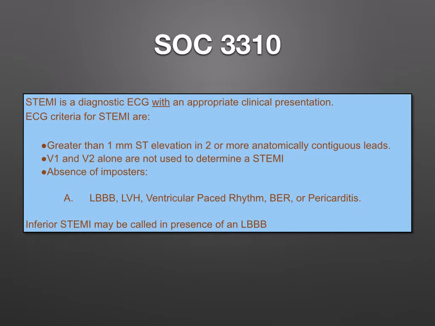As an example, if you have a right bundle branch block, that should not cause ST segment elevation in the anterior leads like a left bundle branch block does. Therefore, if you do see elevation there, it's not from the right bundle branch block. You have to assume then that it's from a STEMI, again assuming that clinical presentation.